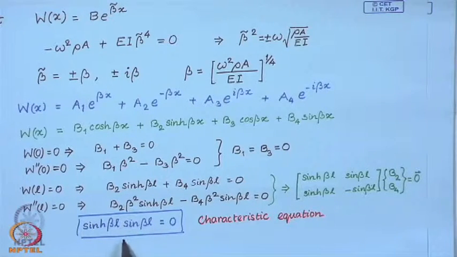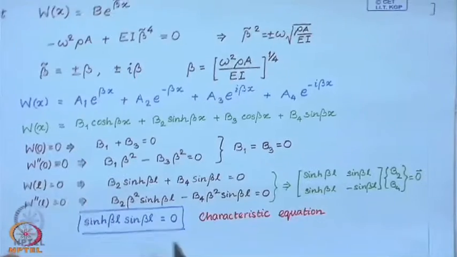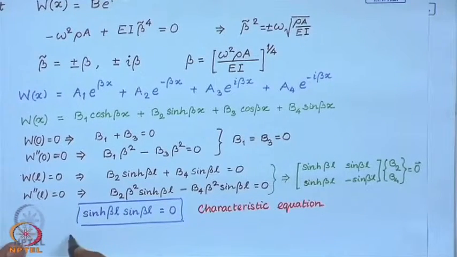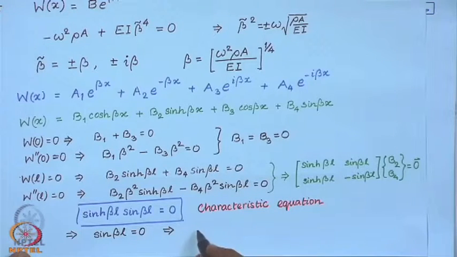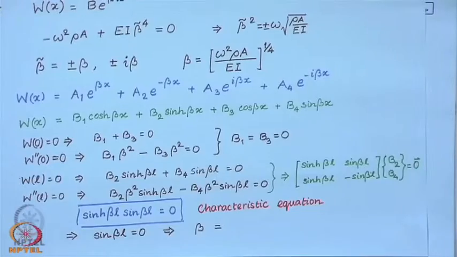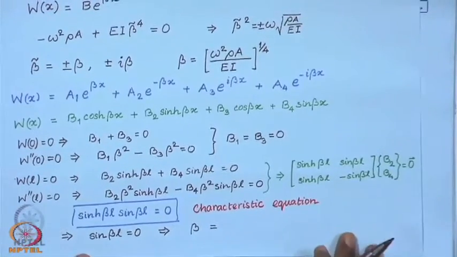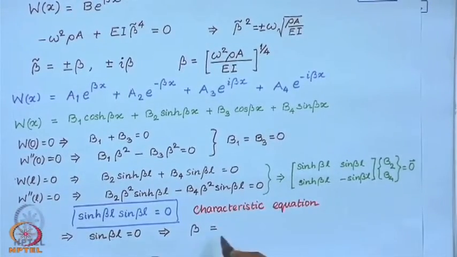So, for this to be 0, we must have sin beta L equal to 0. And that implies, now this beta L, sin of beta L equal to 0, that can happen at infinitely many values of beta, which can be indexed.